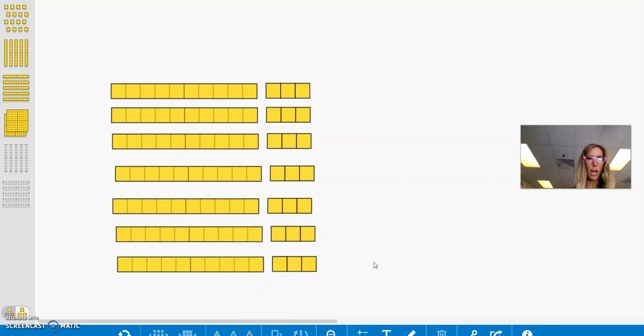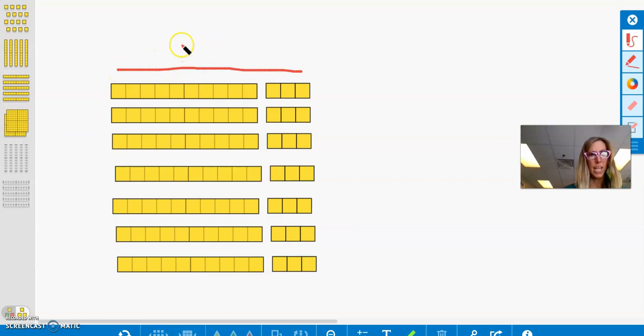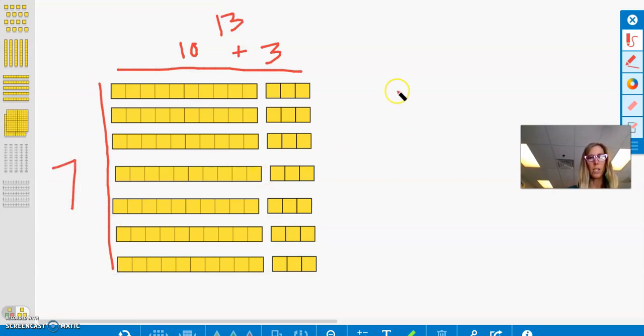Cha-ching! And there I have it. My answer. What's my dimension across here? This is a 10 and 3 more, which is my 13 driveways. And then what's my dimension over here? 7, because 7 days in a week. So 13 times 7 would equal what? Well, I have to count all this up.